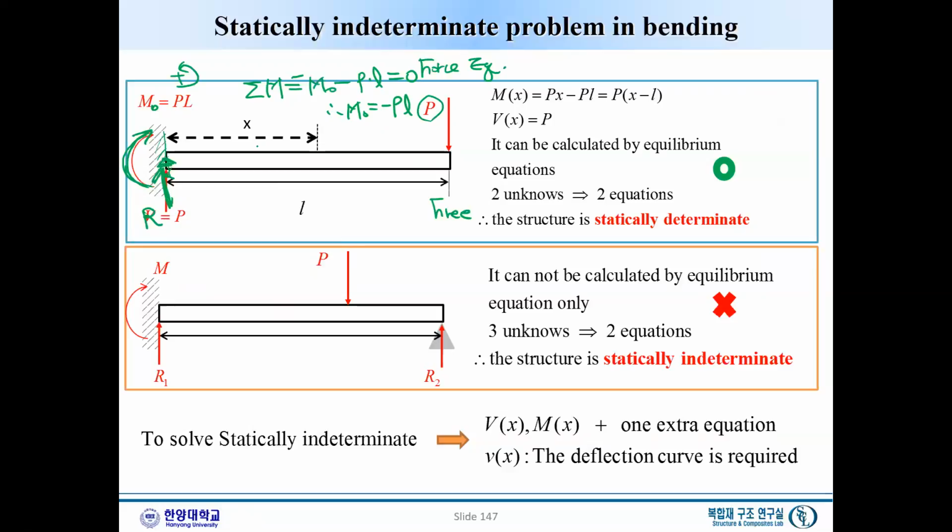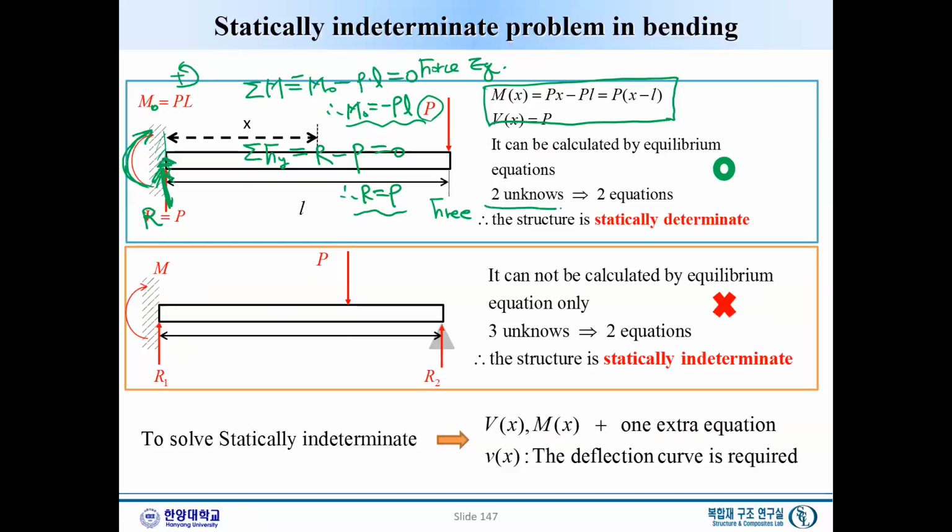And another equilibrium is that the vertical force, total Fy equals 0. So the R is plus. We indicate here plus, and this one indicates the minus. So this is 0. So R equals P. Afterward, from this and that, we can say they can be calculated by equilibrium equations.